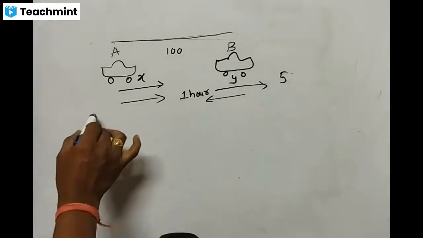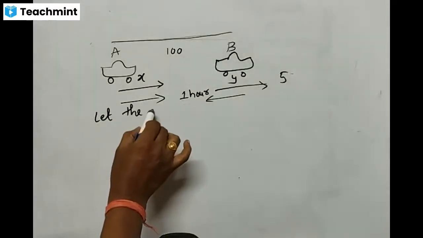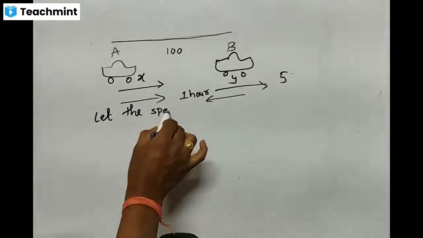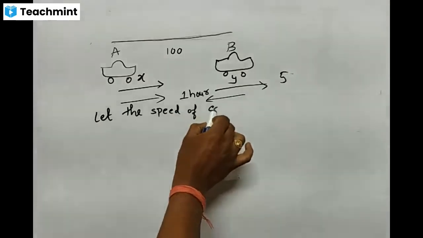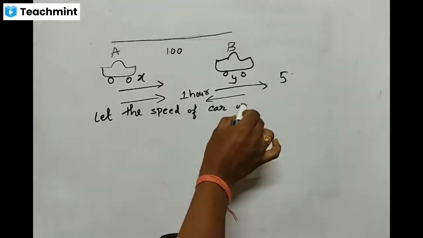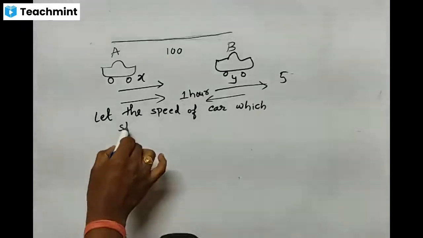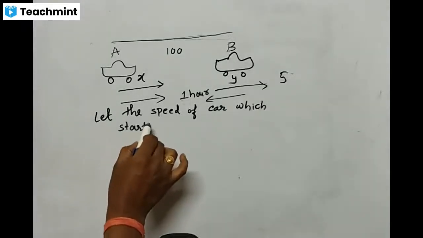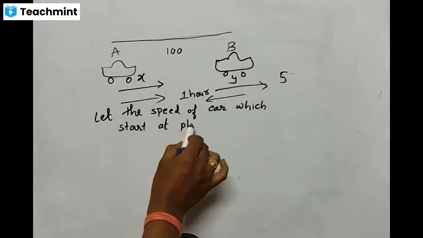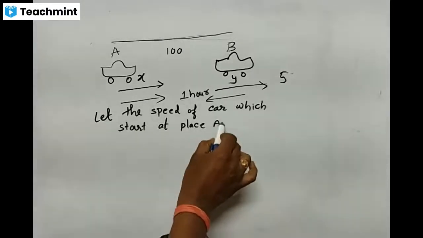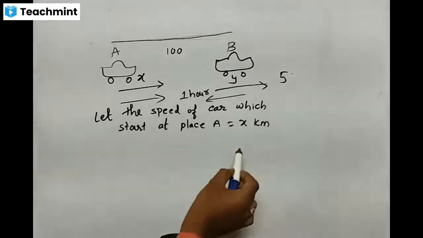So let the speed of the car which starts at place A be X kilometers per hour.